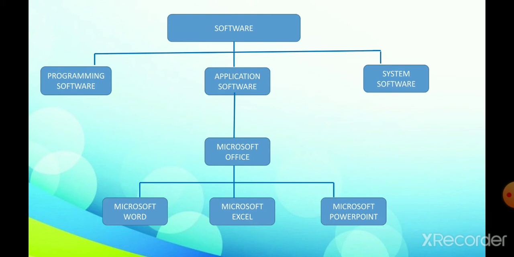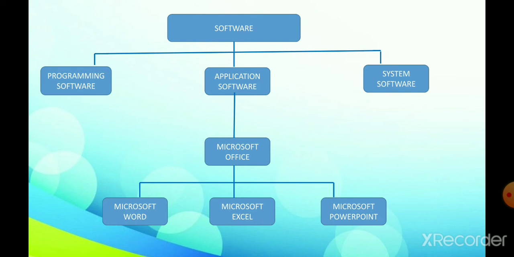Microsoft Excel is a spreadsheet program that can be used to calculate numerical data, store data and make charts. Microsoft PowerPoint is a presentation program that is used to make slides of information and graphics.